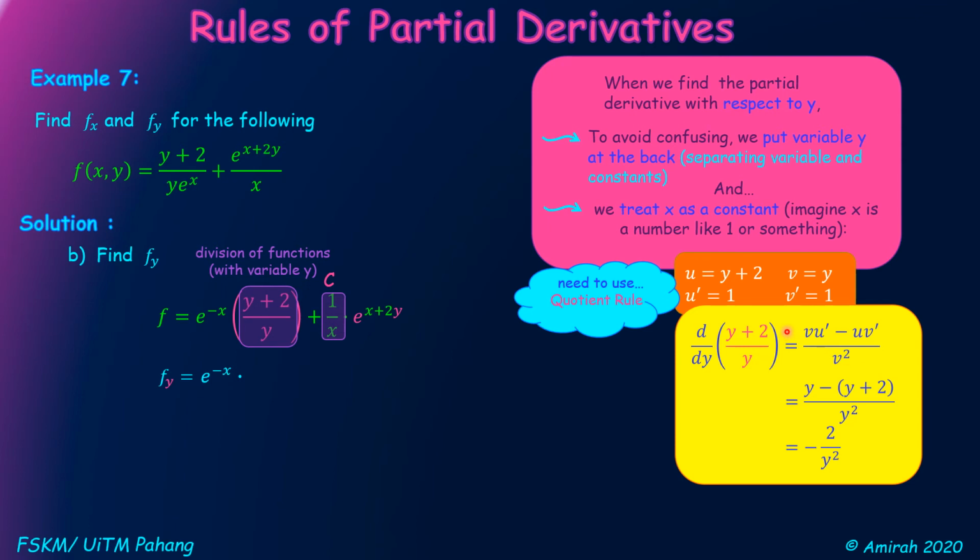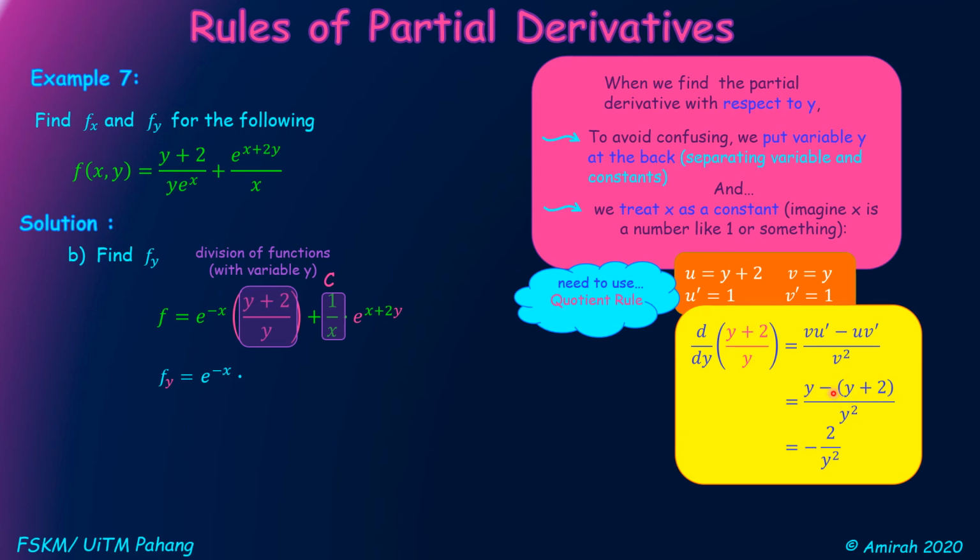So we need to cross multiply v and u prime. So v times u prime equals y times 1 equals y. And then we have a minus sign here, and then u v prime. So y plus 2 times 1 equals y plus 2.